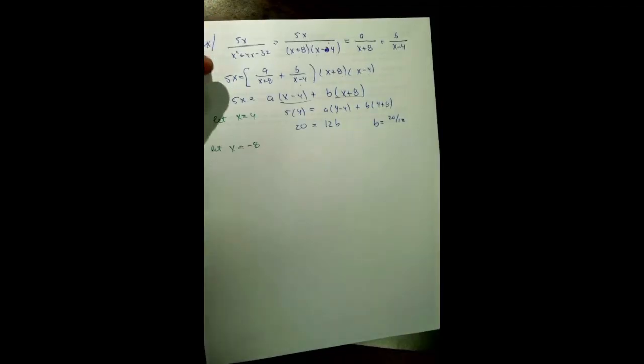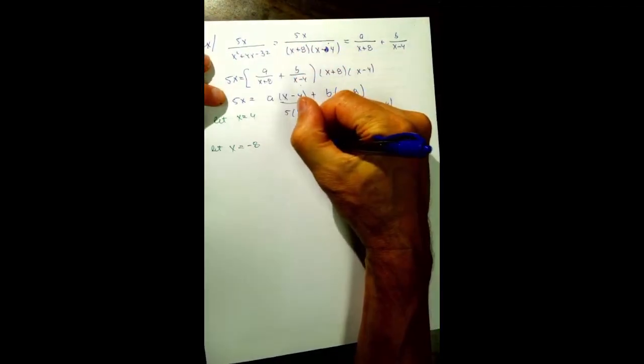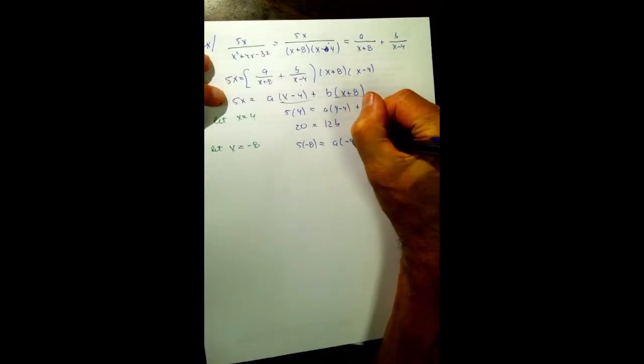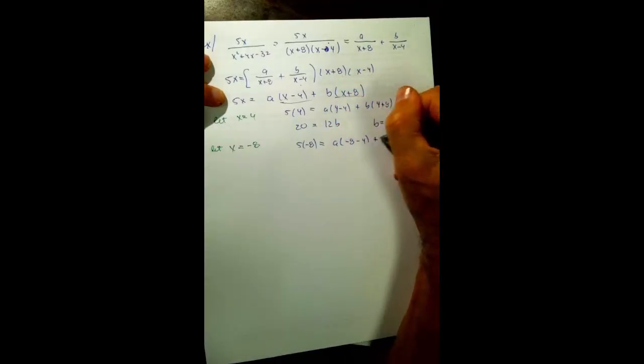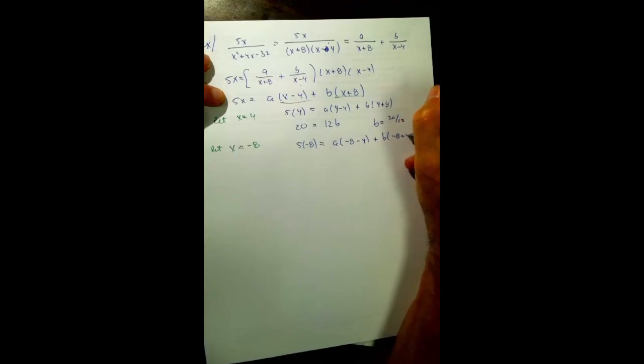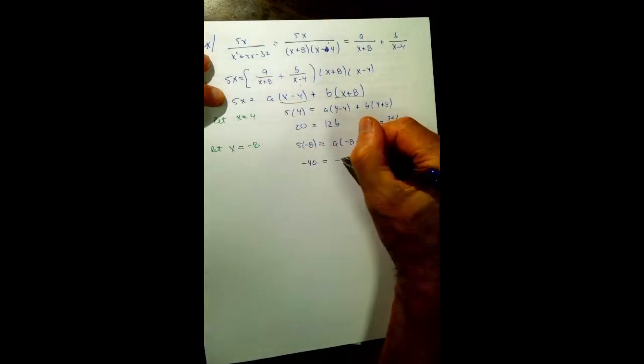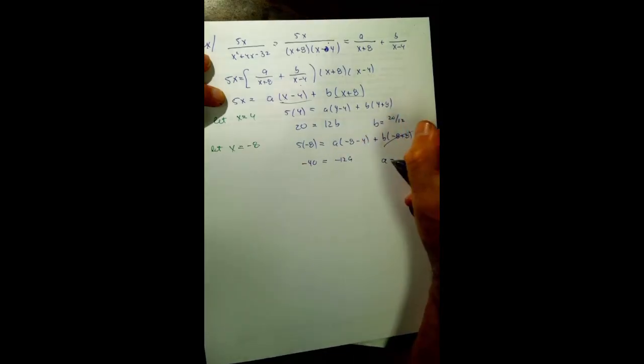Now to make that go away, I let x equals minus 8. And what do I get? I'm going to get on the left 5 times minus 8. It's going to be a times minus 8 minus 4 plus b times minus 8 plus 8. That's 0. So I get minus 40 is minus 12a. So a is minus 40 over minus 12.